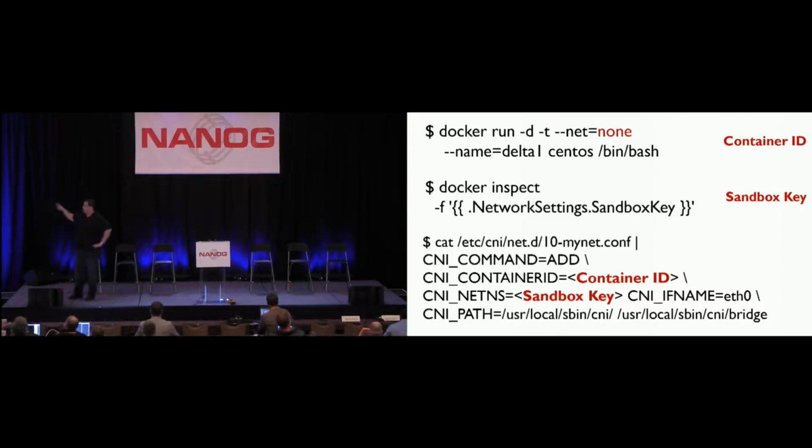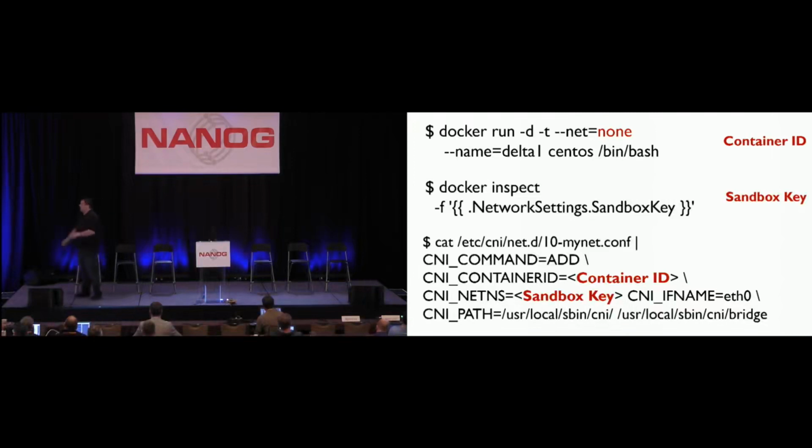The last command there on the screen is basically how you invoke a CNI plugin. In this case, files are located in etc CNI net.d. The reason I didn't post that file is because you can find it on GitHub. You can go on GitHub, and that's basically the file on the first landing page.